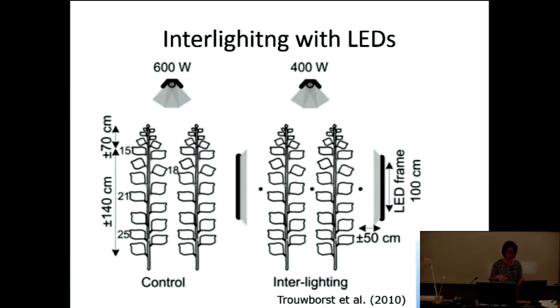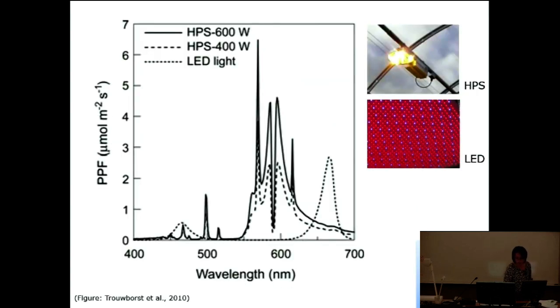So it's not the same light quality. High pressure sodium is more yellow-orange in color. LED in their case is a combination of red and blue. Here the solid line is the high pressure sodium, so it's more in a red, orange, yellow output.